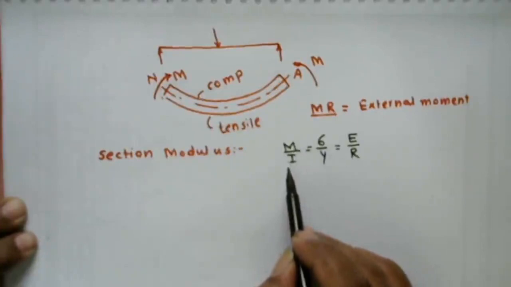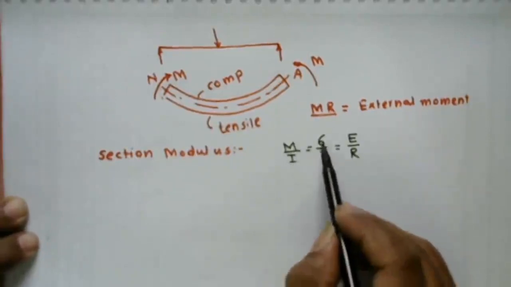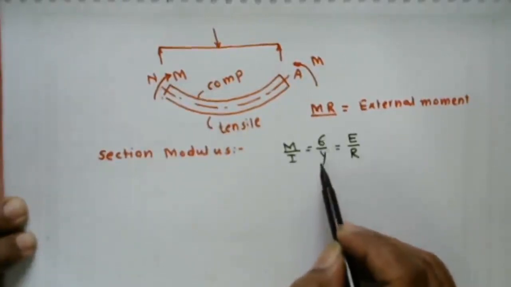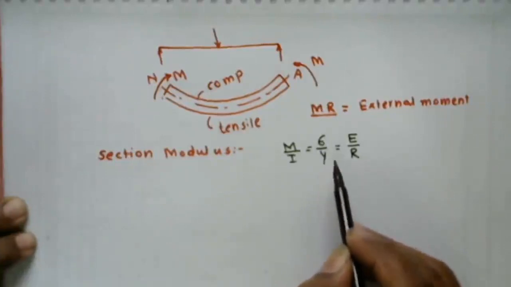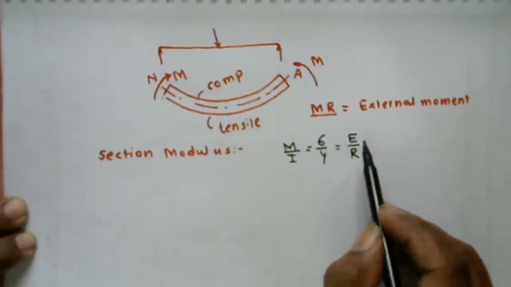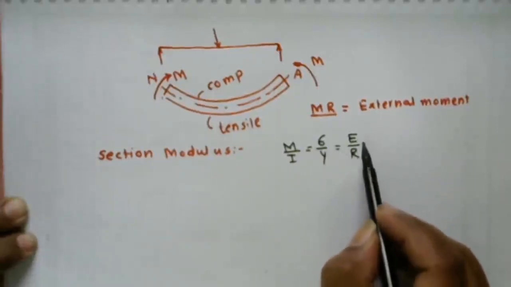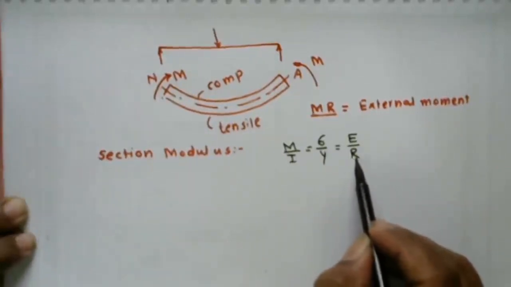I is the moment of inertia about the cross section or about the neutral axis. Sigma is the bending stress induced in the beam section. Y is the distance of the extreme fiber from the neutral axis. E is the modulus of elasticity of the beam material, and R is the radius of curvature.